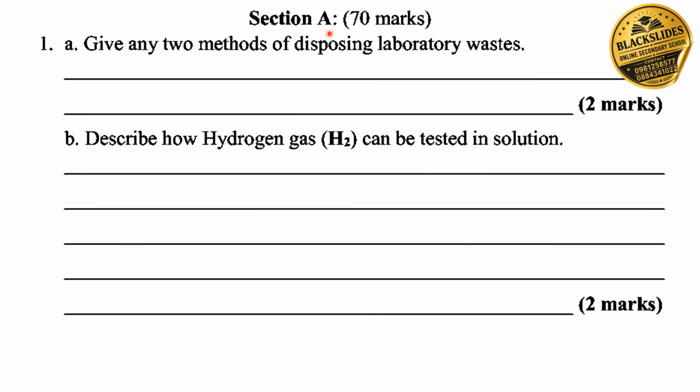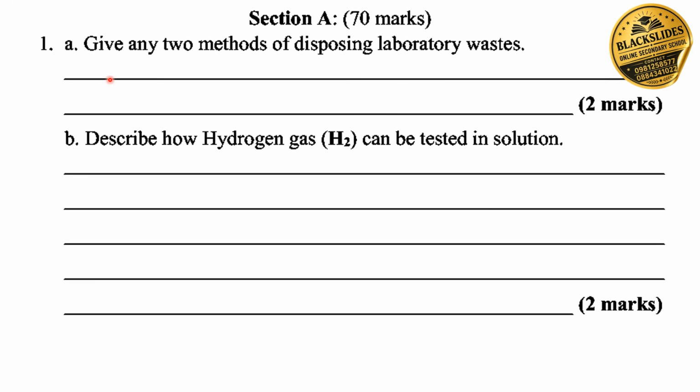Welcome to section A. Number 1, give any two methods of disposing laboratory waste. Remember, to dispose waste means to get rid of waste from where it is generated, mostly the chemistry laboratory.